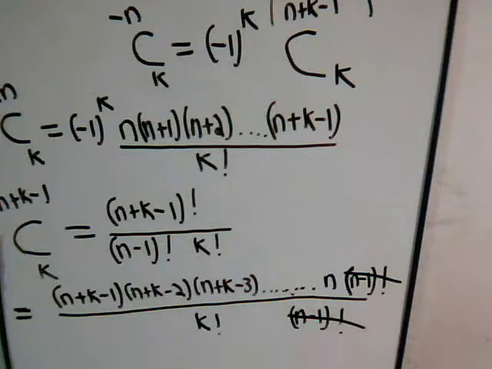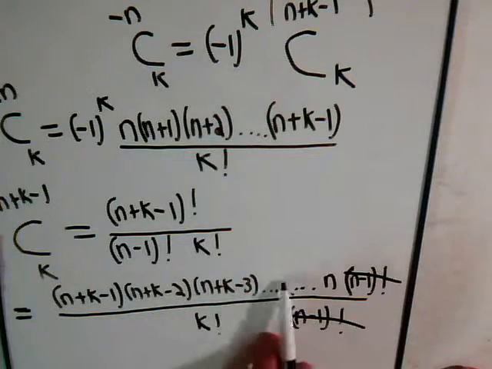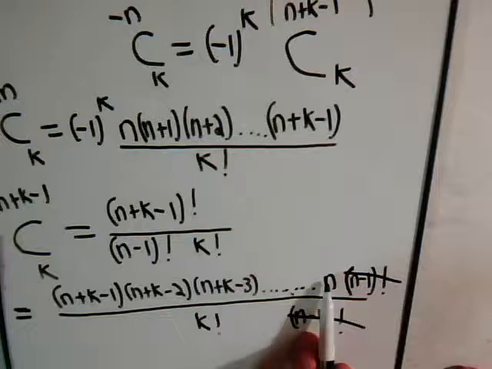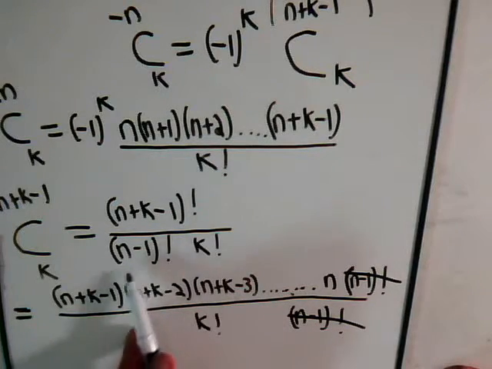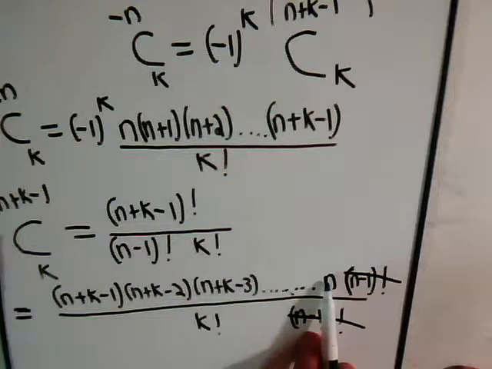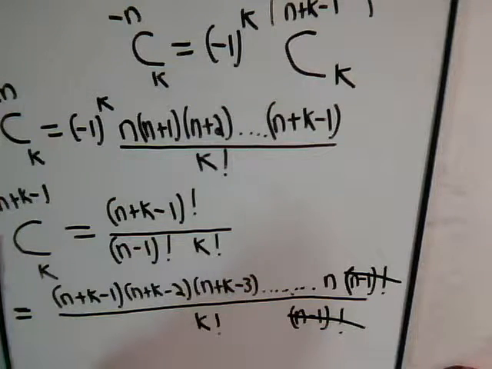So let's write it like that. This will equal, we start here, that term is n. Going in the opposite direction, each number will get larger by 1. So the term next to this one must be n plus 1.